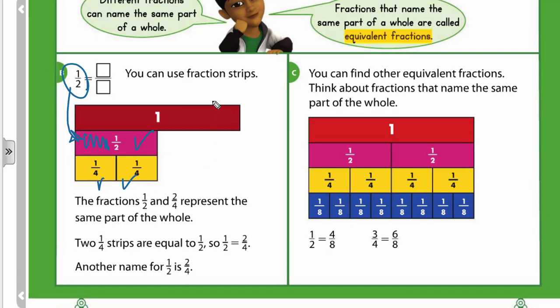And that's why we can say that these two represent the same part of the whole, so they are equal. Two 1/4 strips are equal to 1/2.